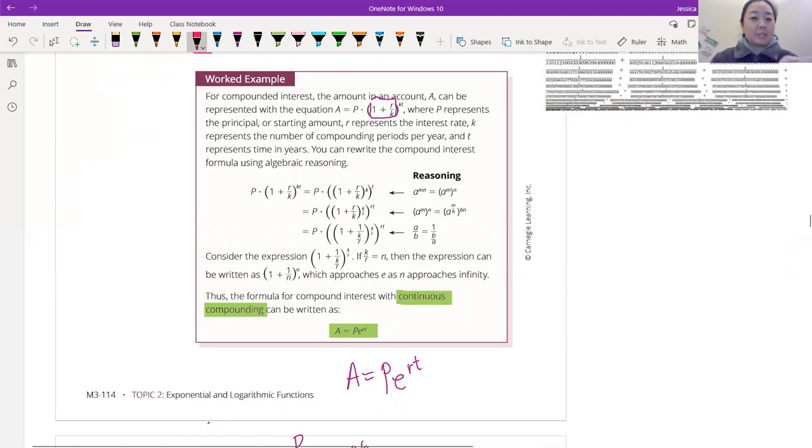Do you see how this is a much more simple formula? So A is equal to the principal times e, the 2.71 number that it keeps getting really close to. So e to the rt, the rate times time. That's it. So you see how much simpler this is? You can only use this if you see the phrase continuous compounding or continuously compounding, either way, okay? But it has to be continuous.